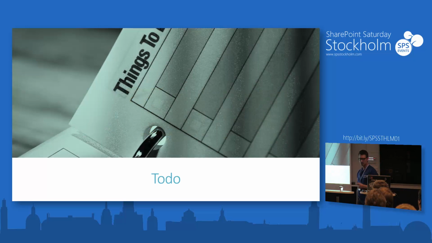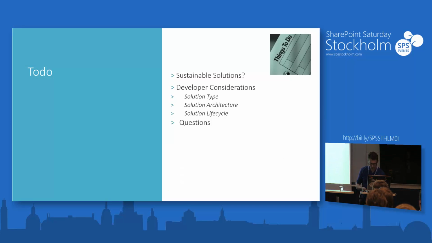I've got quite a bit of content to get across, so let's get started with our to-do list for this presentation. This presentation is called Creating Sustainable Solutions with SharePoint 2013. I would like to start by talking a little bit about what I mean with sustainable solutions, and then move on to the main body of the presentation, which is taken up by what I call developer considerations.